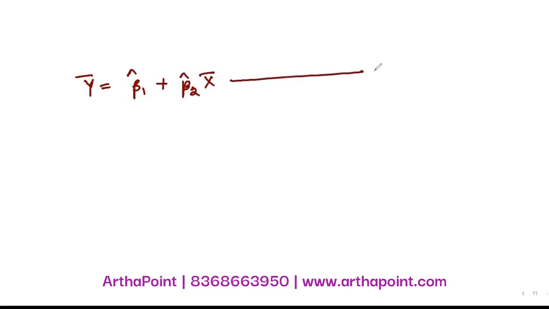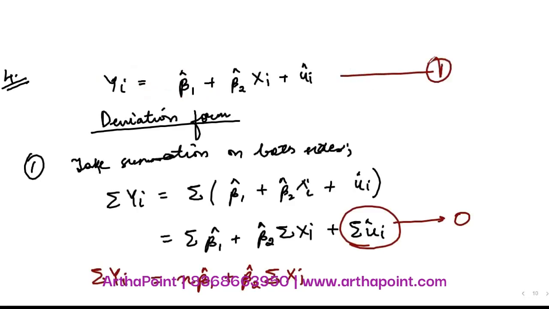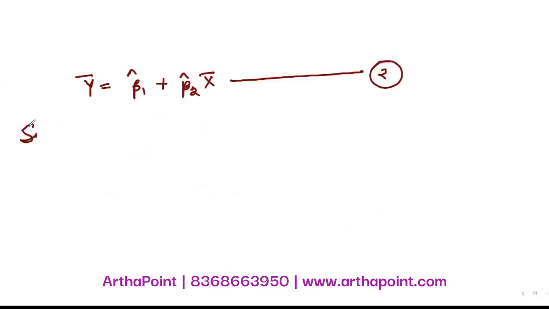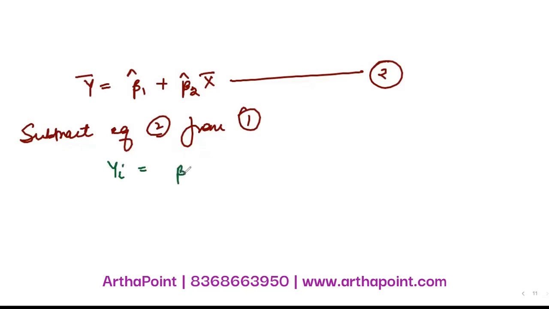I will name this as equation 2, and I will take this as equation 1. I'm going to subtract equation 2 from 1. So equation 1 that I have is this: yi is equal to beta 1 hat plus beta 2 hat xi plus ui hat.